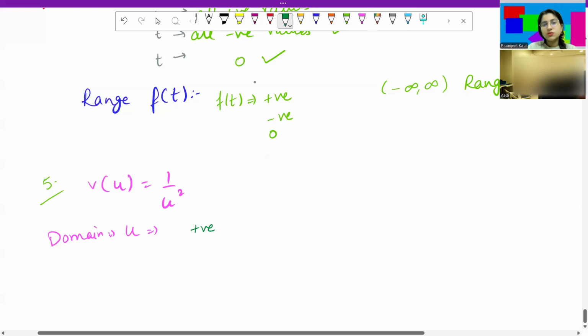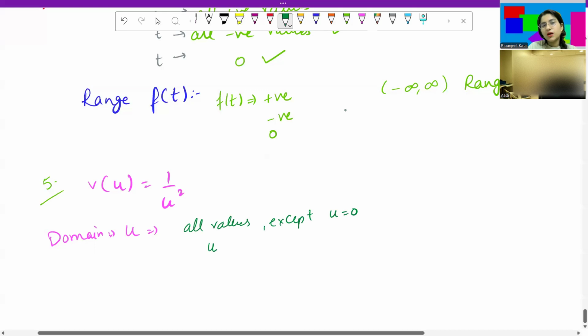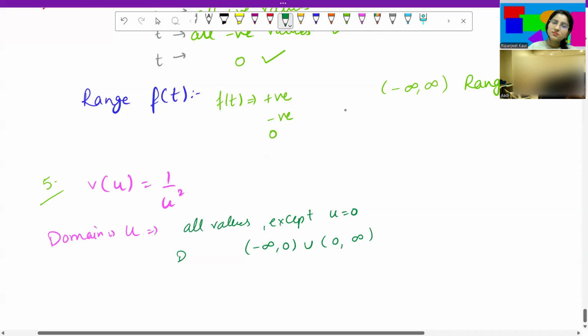So u is minus infinity to 0 and 0 to infinity, which gives us the domain.